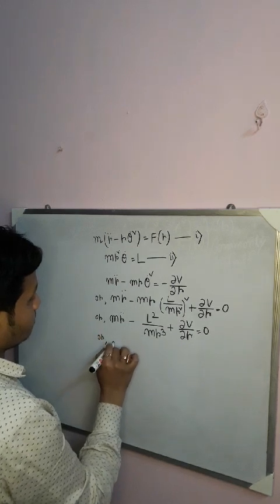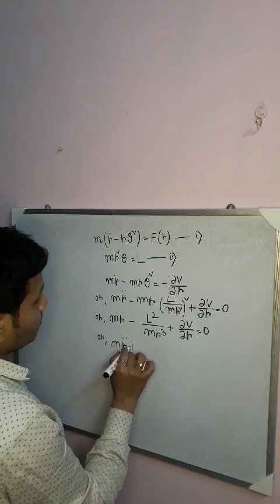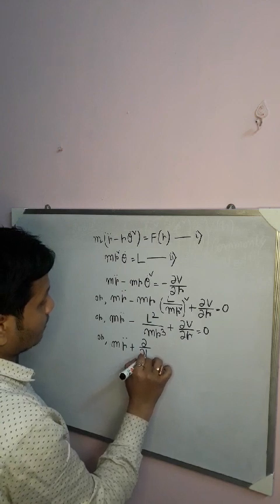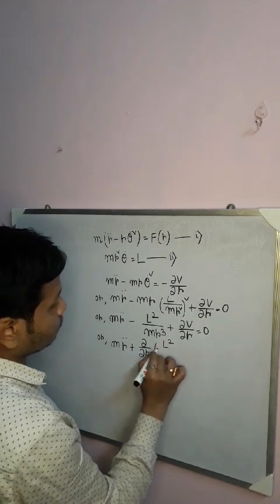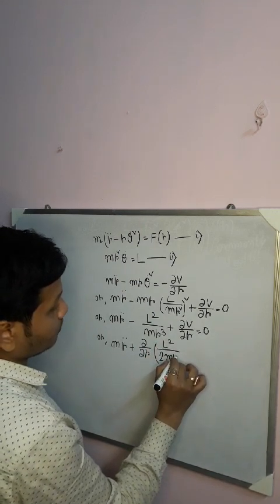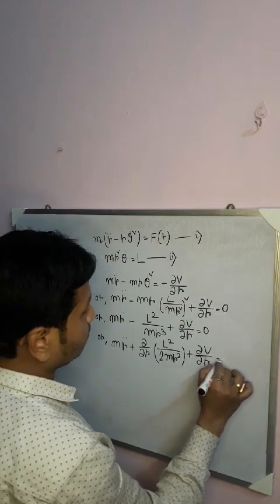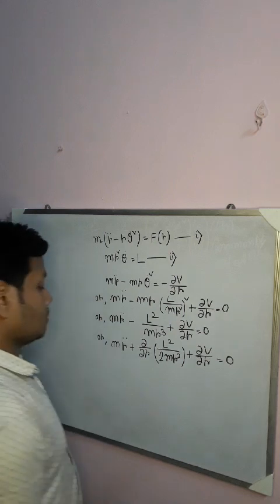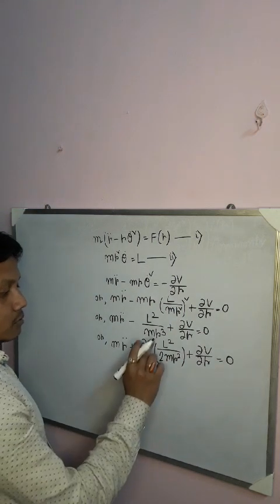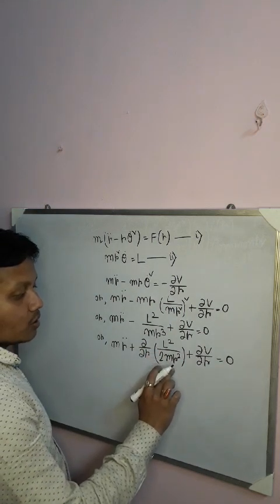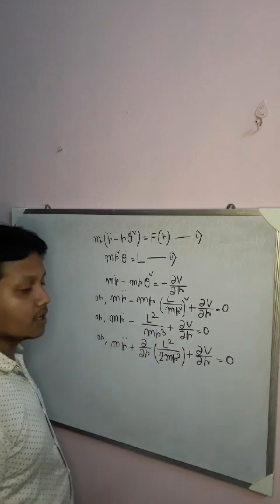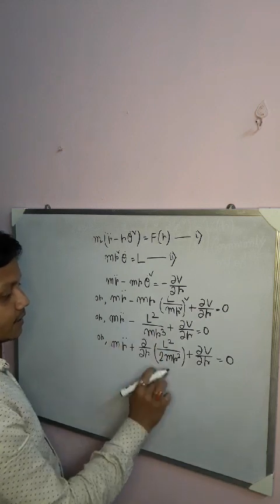Okay, this is simply m r double dot plus del del r of L square by 2 m r square plus del V del r equal to 0. Del del r of L square by 2 m r square means minus L square by m r cube. That's why I write this in terms of this.